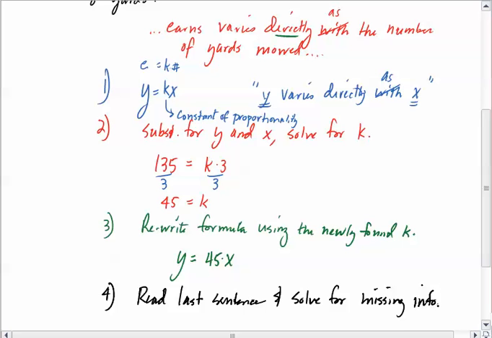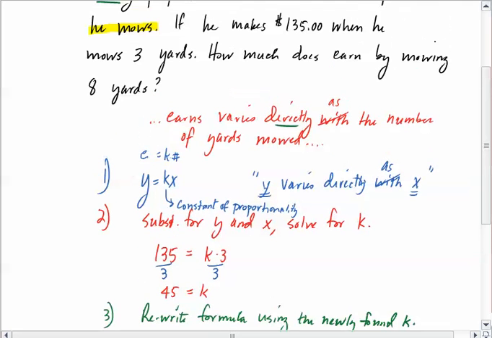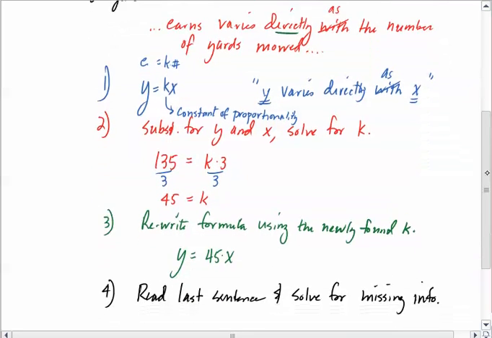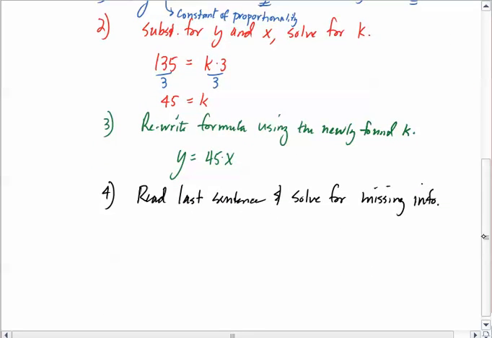Back to our problem, it says, how much does he earn by mowing 8 yards? So we're going to write the formula and dump in all that we need to. How much does he earn? That's the y. We don't know that. That's what they want to know. There's the missing information.